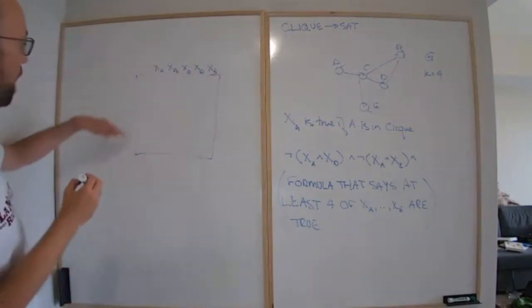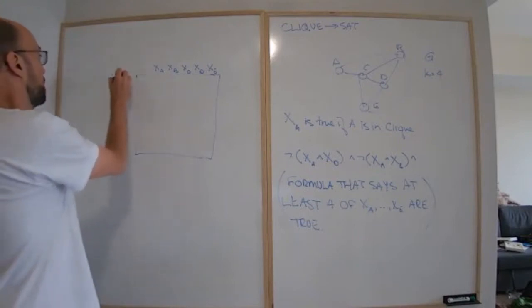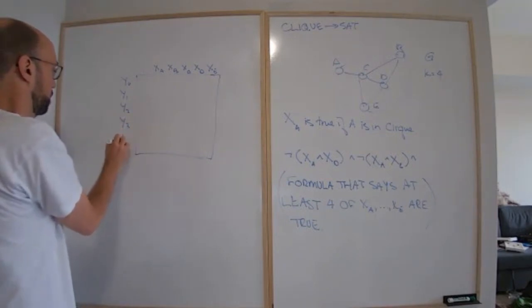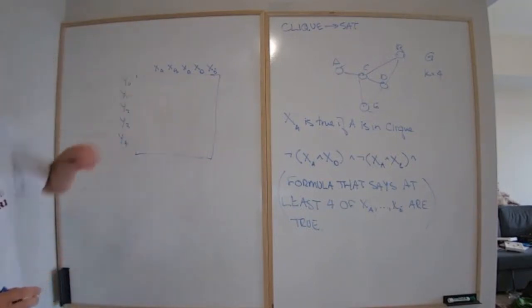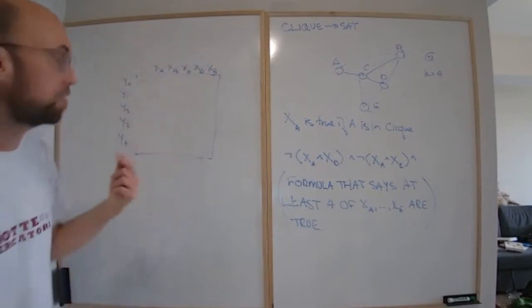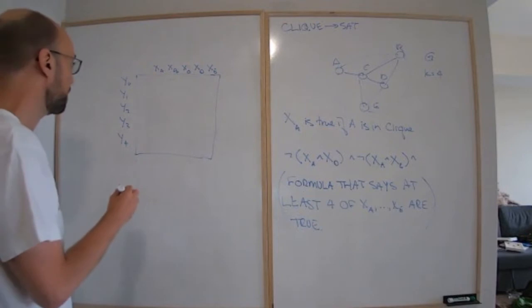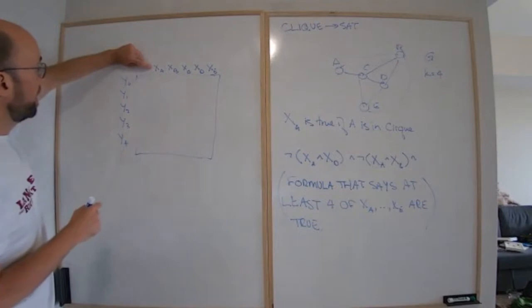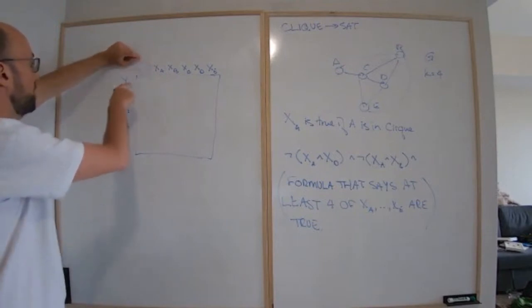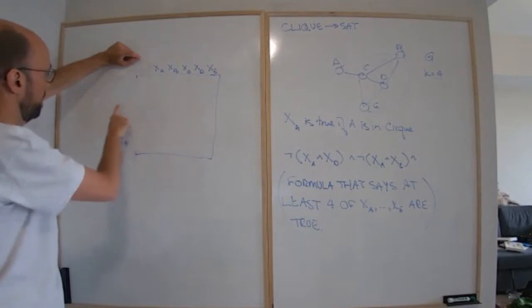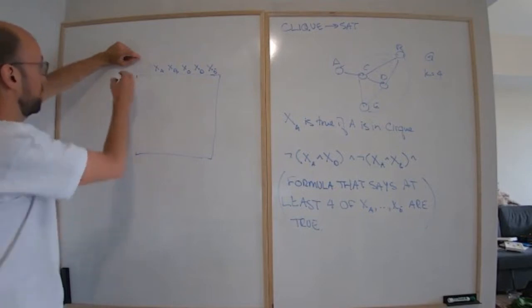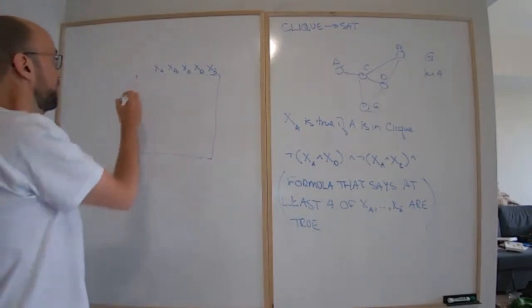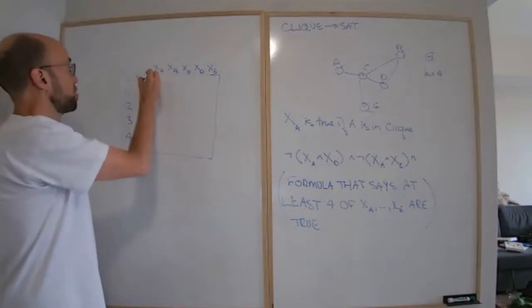And here it's going to be my count of how many variables here have been set to true. So how many things are in my clique so far? And here I'm going to write, okay, if XA, and actually I'm going to have 2, 3, 4. Here I'm going to have a variable for each.